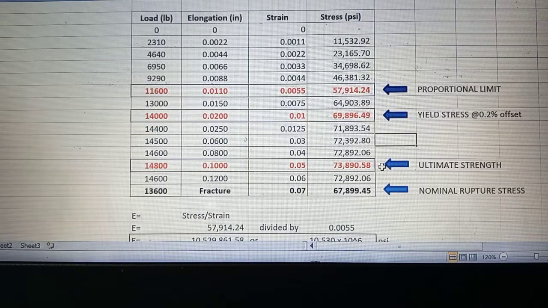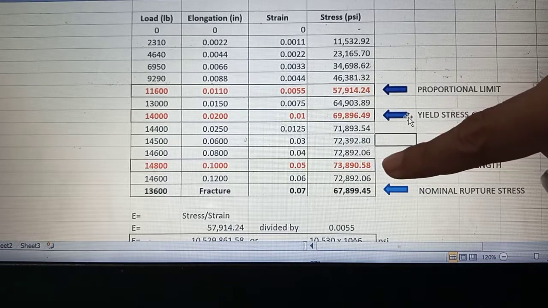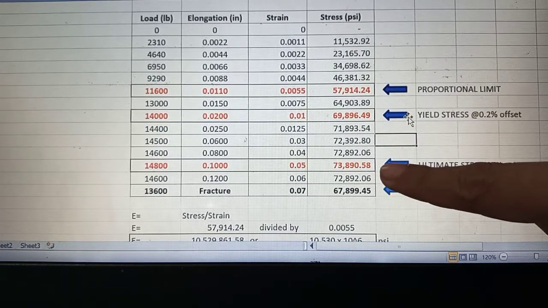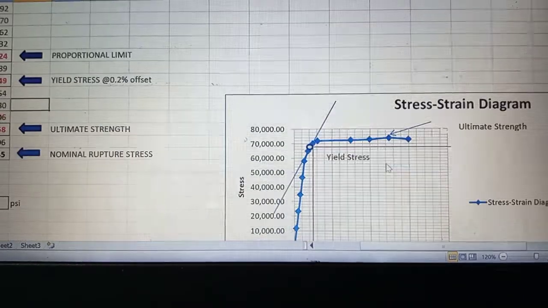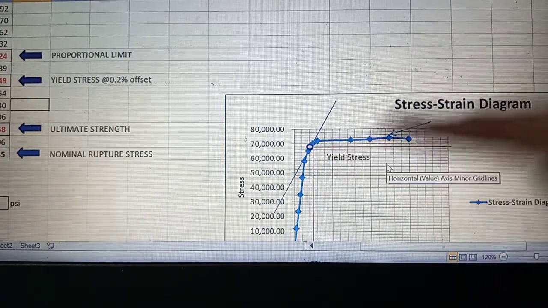Along this graph, the highest is 73,890.58 psi, or we can convert it as approximately 74 ksi or 73.89 ksi. So this is your ultimate strength, the highest value in the stress strain diagram.